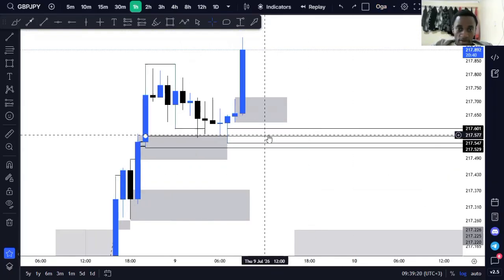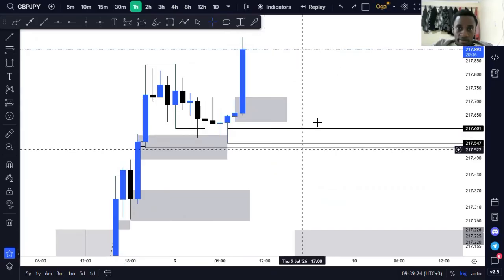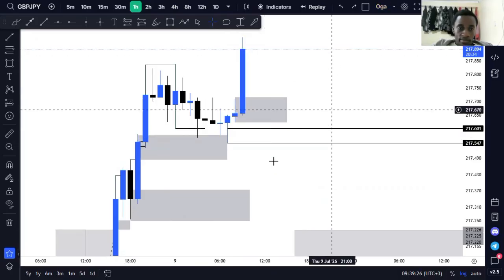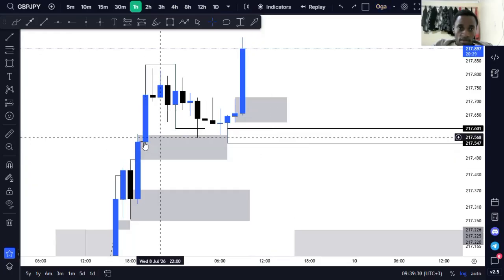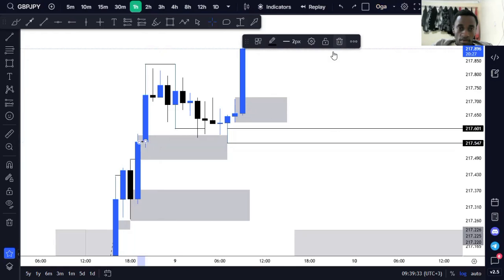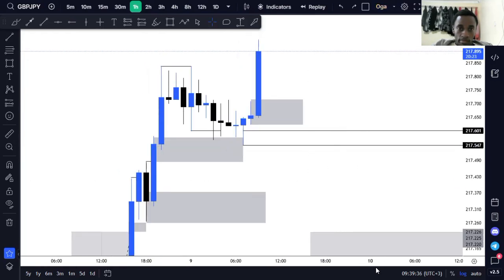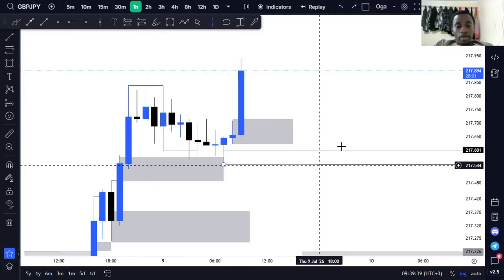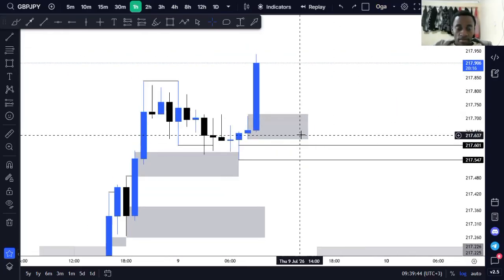Here we have multiple rectangles, so I want to delete some. Also delete this one. So maybe price could come to this.